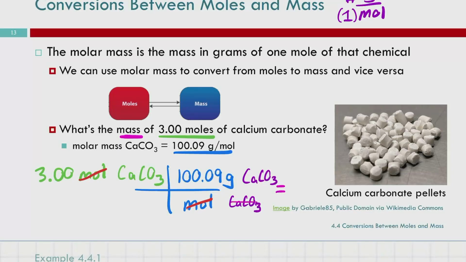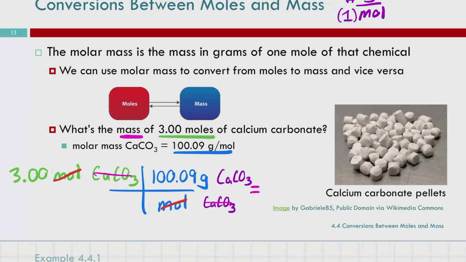All right, so those calcium carbonates will cancel in no specific order, and I move everything over a little bit to give me some room. So 3 times 100.09, 300.27 grams CaCO3.